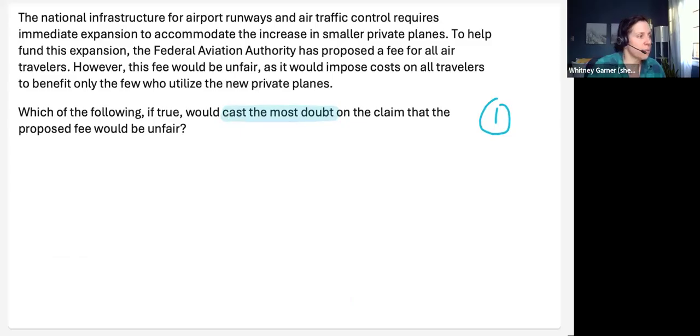Let's deconstruct the argument. Help me understand what is the conclusion of our argument and how is the author supporting that?